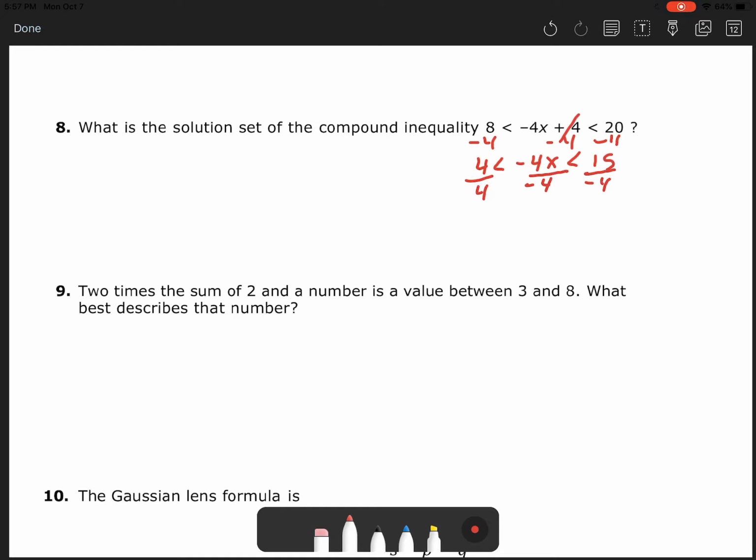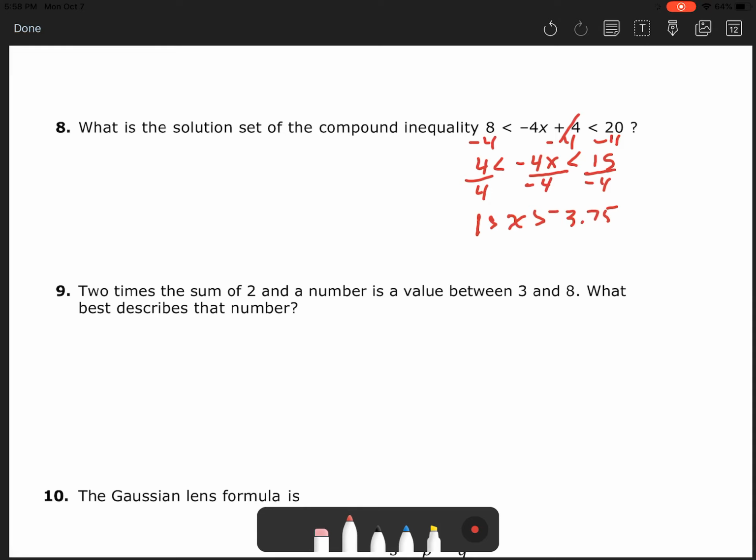I need to switch my inequalities. Now that becomes 1 greater than x, positive x, greater than negative 15 fourths. Let's see, is that a pretty decimal? Probably not. We could say 3.75. Just for the sake of ease, I'm going to say negative 3.75 because we're talking about a number line. Okay.